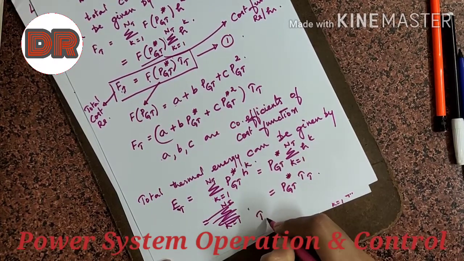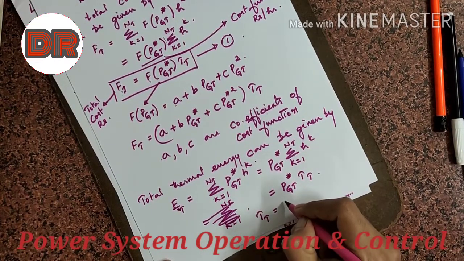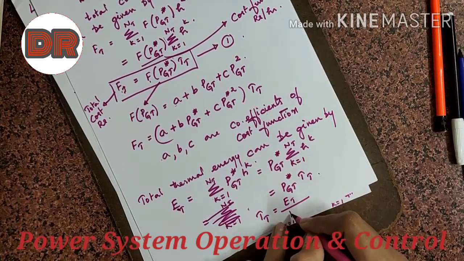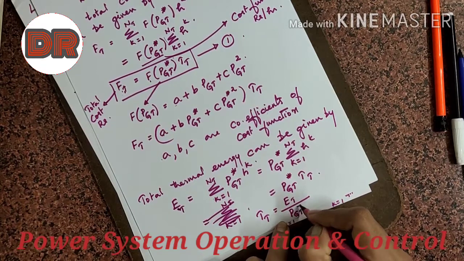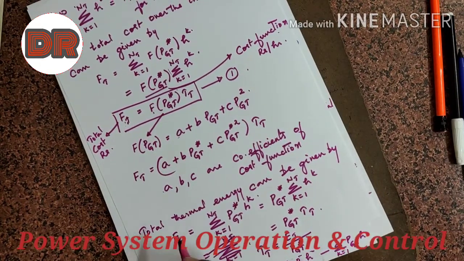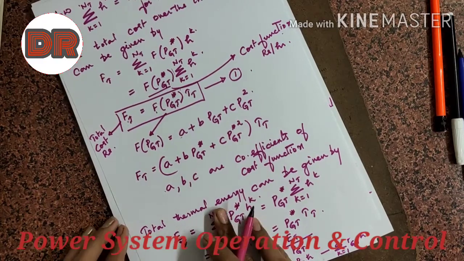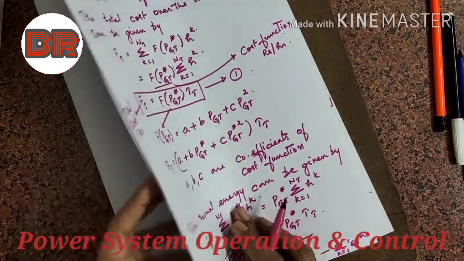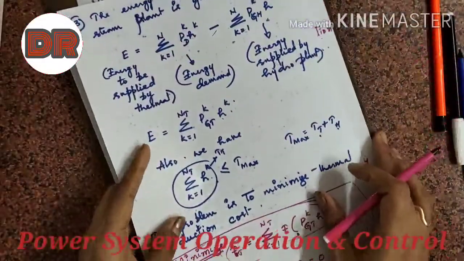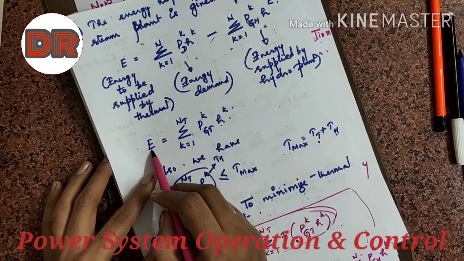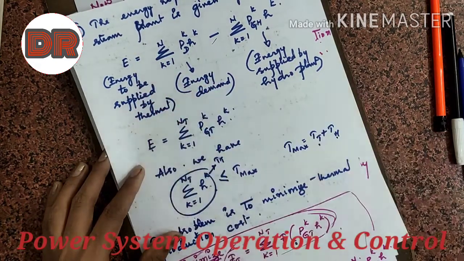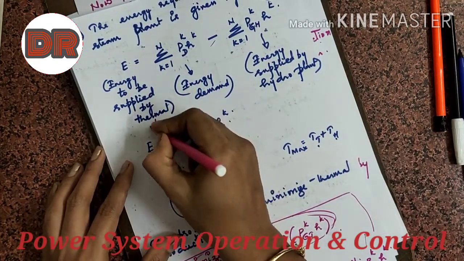So from this, what is TT? TT will be equal to E by PGT star. Let me use E for the energy, because we have taken initially E as thermal energy, that is, energy to be supplied by the thermal plant.